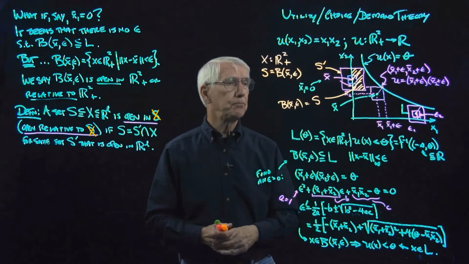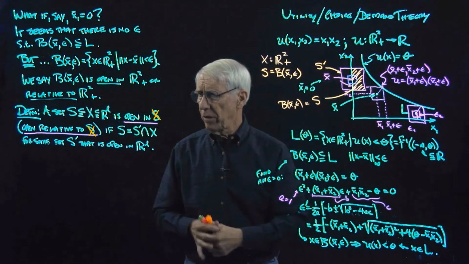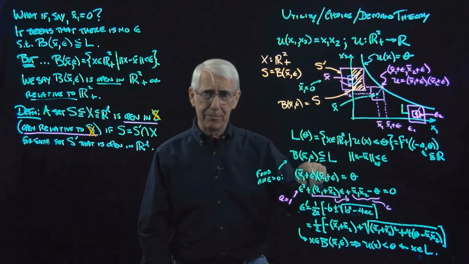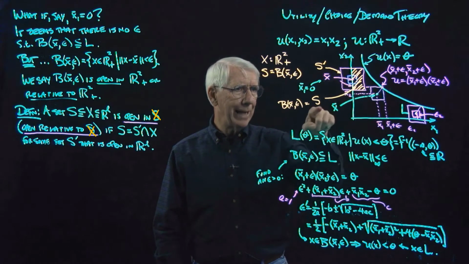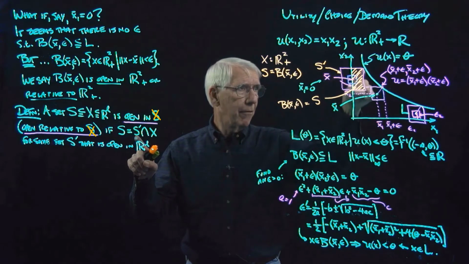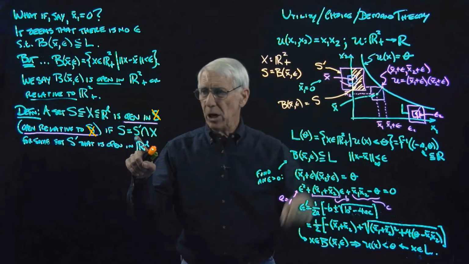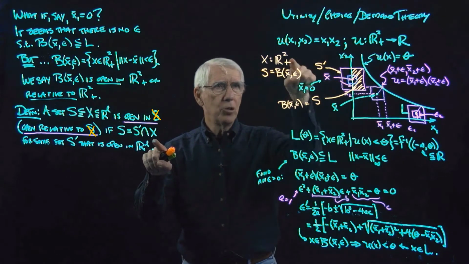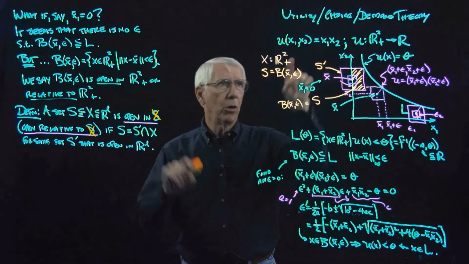So this is playing the role of S over here, and indeed, the shaded part, as I already said a few moments ago, this ball, is indeed the intersection of this open square in R2 with R2 plus, which is playing the role of X here.